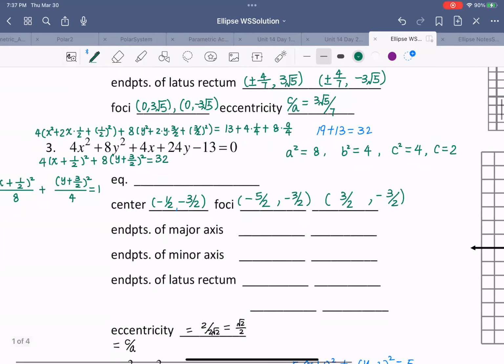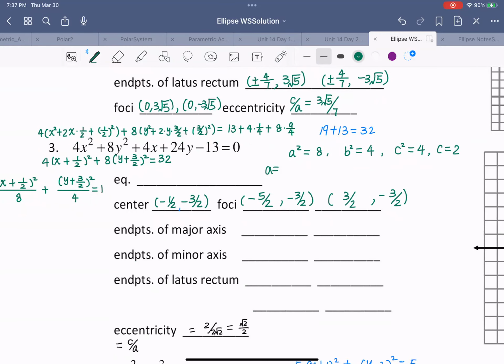Now go ahead. Find the A. A is how much? 2 square root 2. B? 2. You will start from the center. You will move left by this. You will move to the right by this to get the endpoints of the major axis. Go ahead.